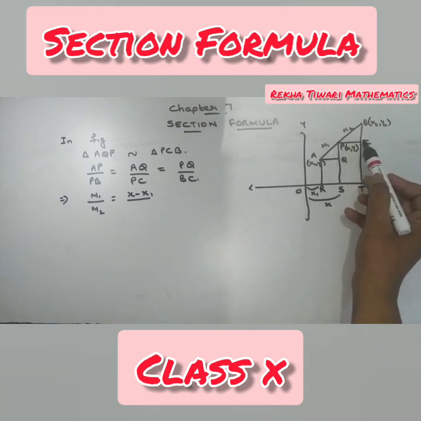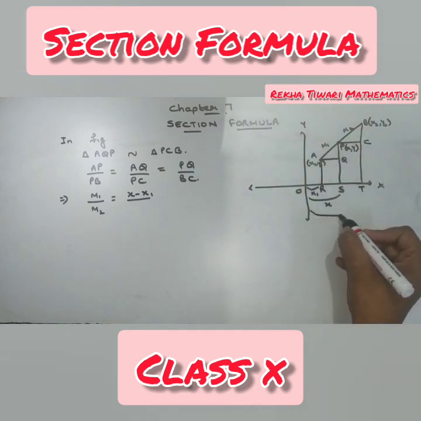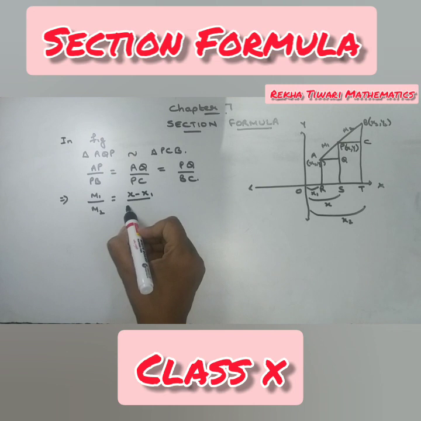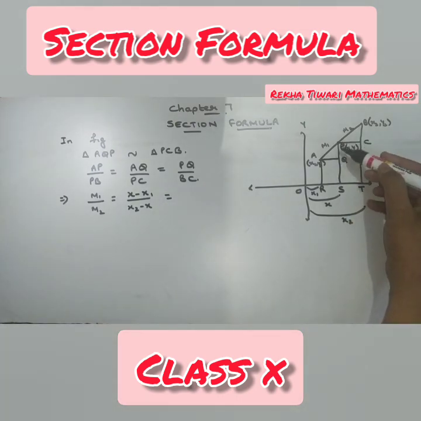Similarly, if I have to find PC, PC means this whole OT minus OS. What is OT? OT is x2. If I subtract OT minus OS, I will get PC. So this is x2 minus x, which is equal to, now come to PQ.